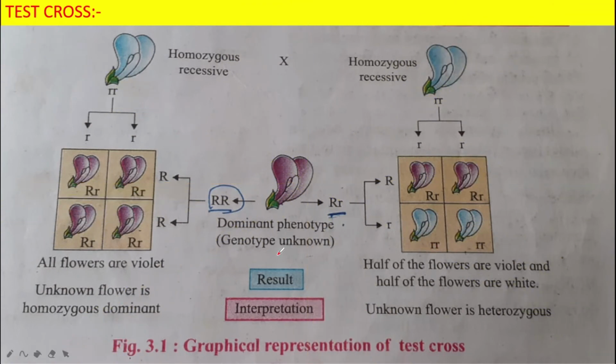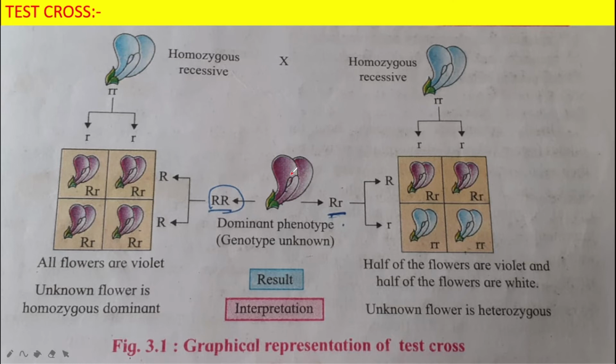Now let's study this test cross with the help of an example. Suppose this purple or violet color flower is there. The phenotype is clear to you. Now we want to know the genotype of this flower. How can we predict or identify the genotype? Simply, we can do the test cross. This purple color is the dominant character.